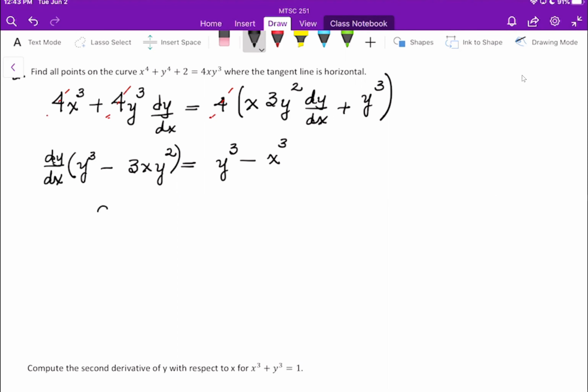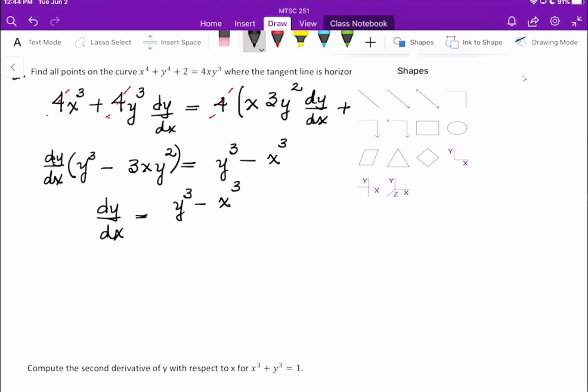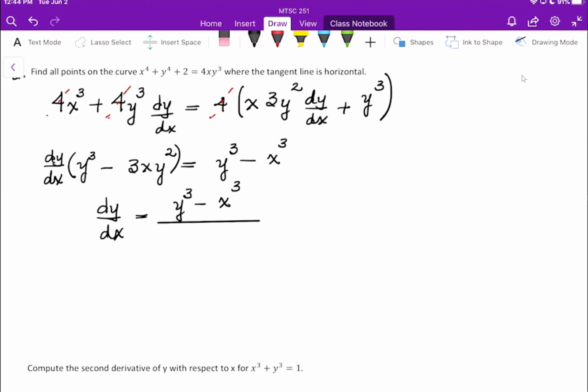So now we get dy/dx is y cubed minus x cubed divided by y cubed minus 3x squared.